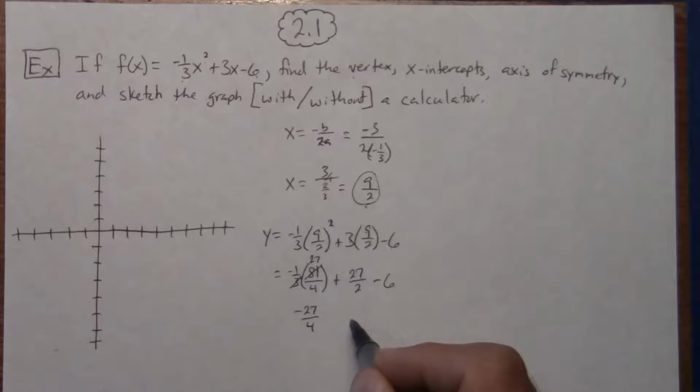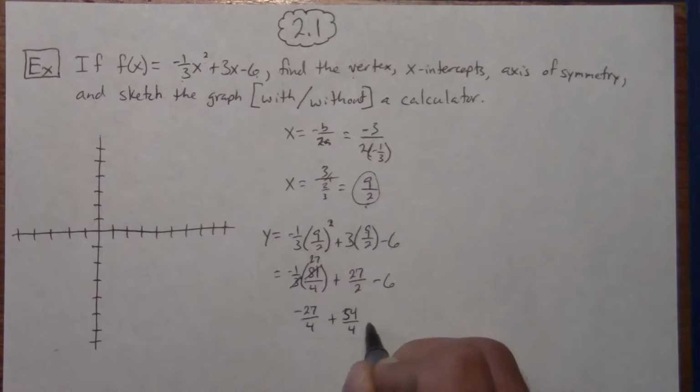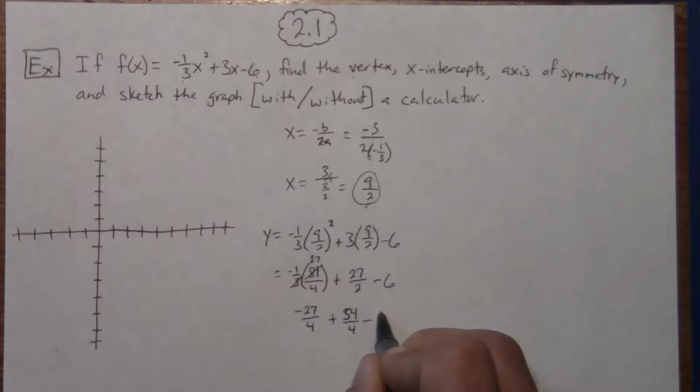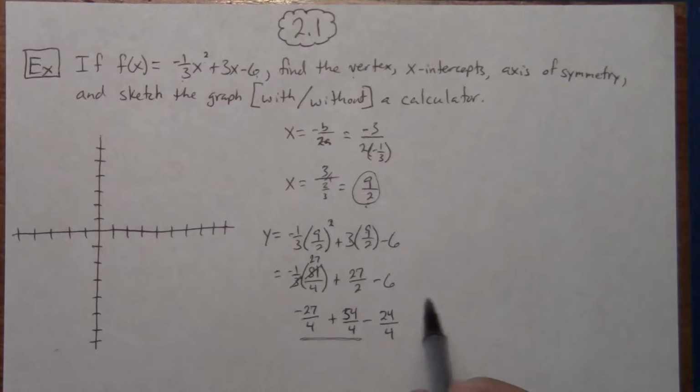Because I'm adding fractions together, it's probably a good idea to get a common denominator. I'm going to change this to 54/4, multiplying both numerator and denominator by 2. And then I'll change this into 24/4. And that little trick that I told you is kind of helpful. If you look at the first two numbers, one of them should always be twice as large as the other, and you can see that this is twice as large as that one.